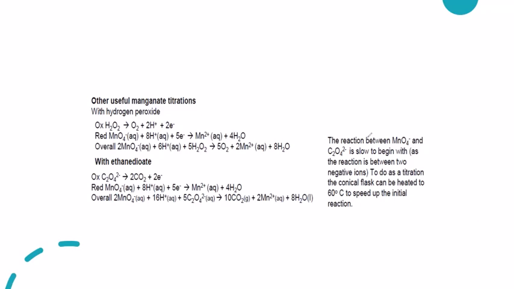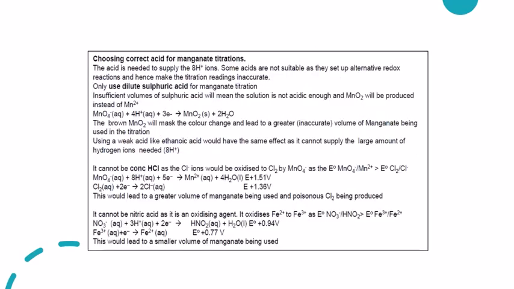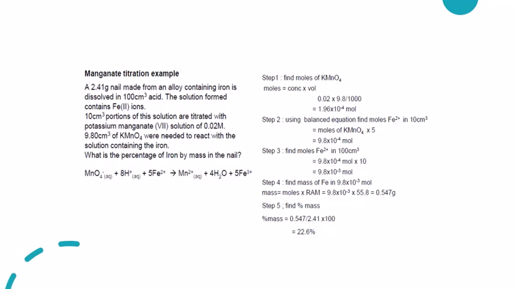But what is the reason why the reaction is slow in the beginning? Because you can clearly see here the negative ion is colliding with the neutral molecule. In the previous titration, manganate ion was colliding with iron 2. So opposite charges are there. Like charges repel, unlike charges attract.